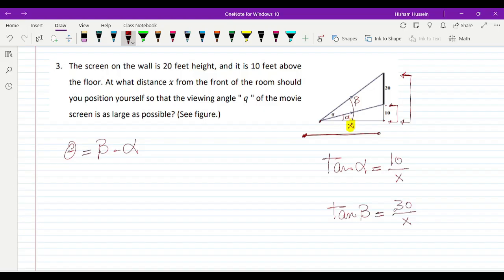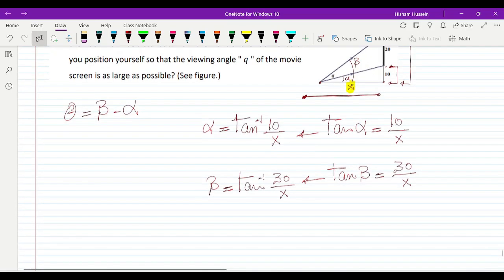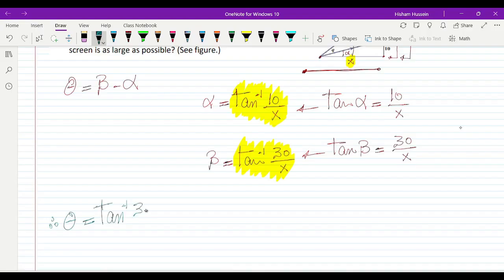So beta equals tan inverse 30 over x, and alpha equals tan inverse 10 over x. So theta will be beta minus alpha: tan inverse 30 over x minus tan inverse 10 over x.